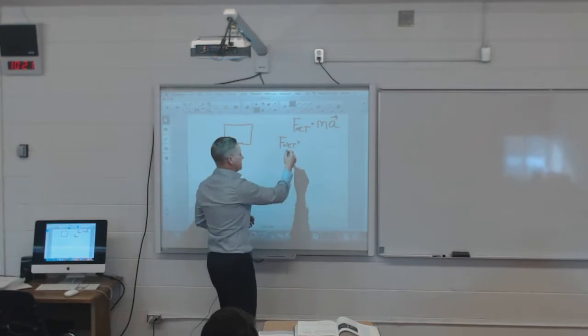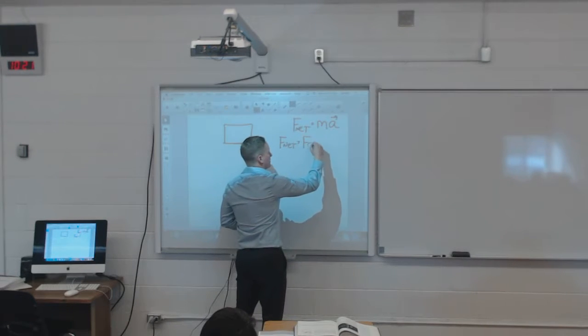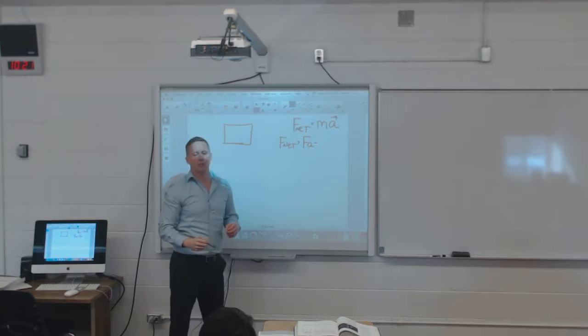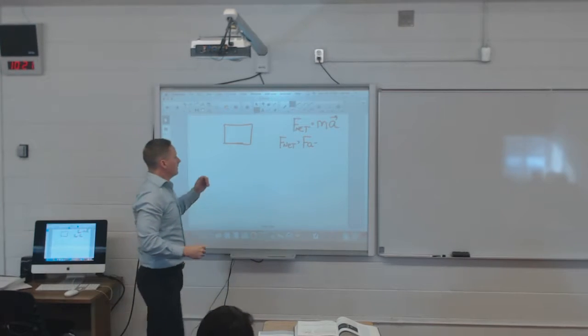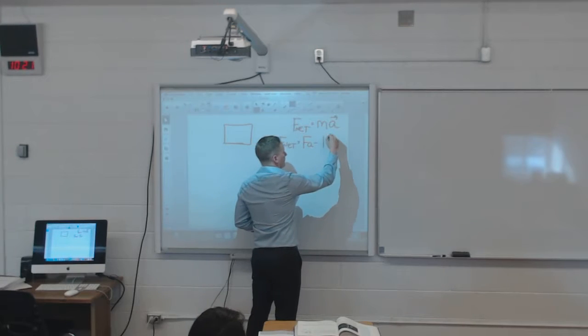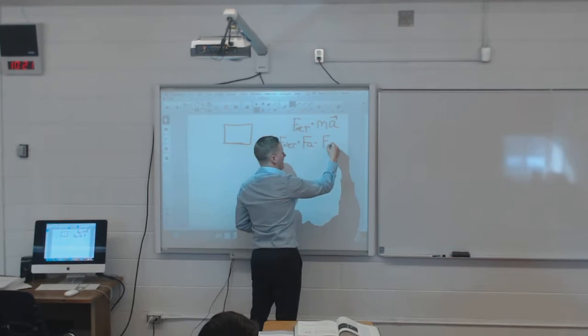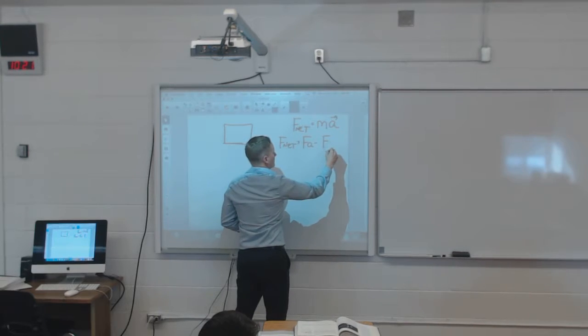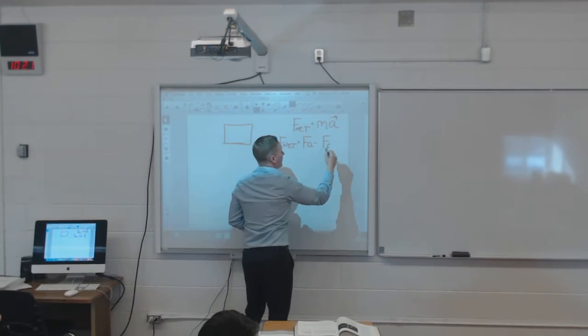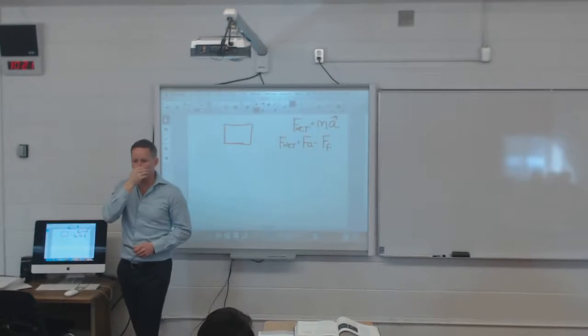So for example, do not write this down. Force applied is the applied force moving the object. We may have force of gravity restricting it. We may have force of friction working against it as well.